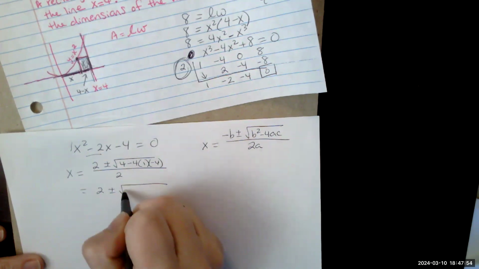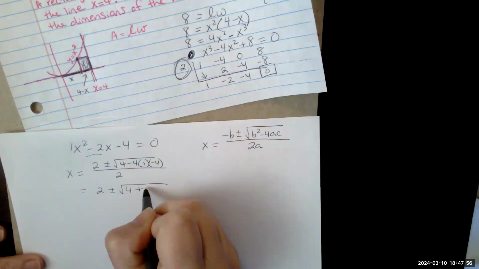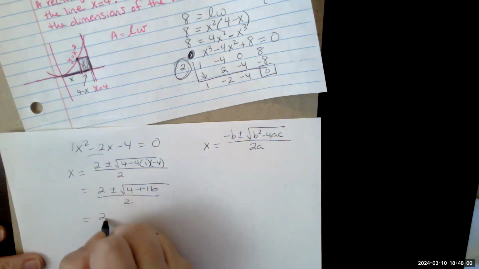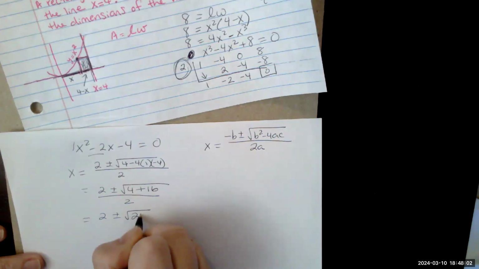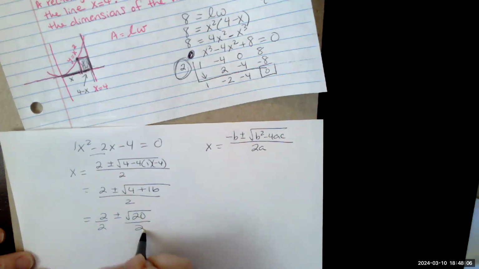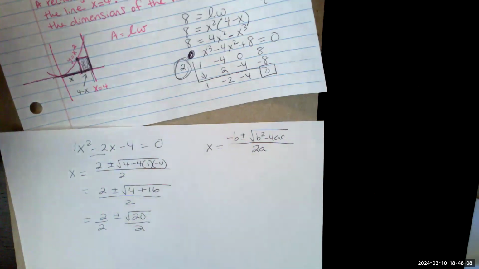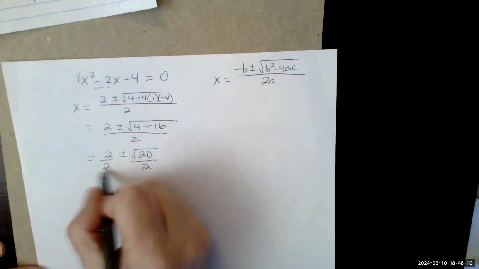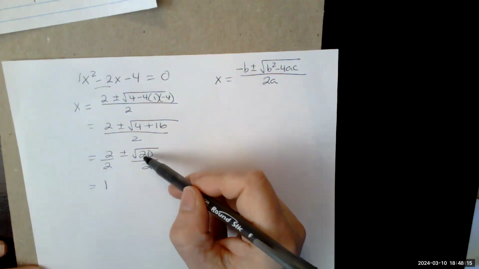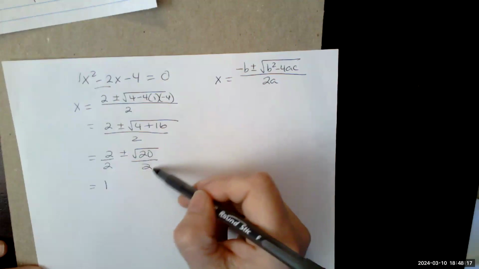So 4 plus 16, which gives me 20. Since the whole thing's over 2, I'm going to now just split it up because what that means is each of these is over 2. So I can reduce this first one. I cannot reduce this right now because the 20 is inside the square root and the 2 is not.